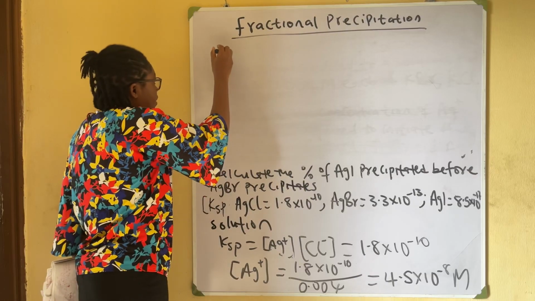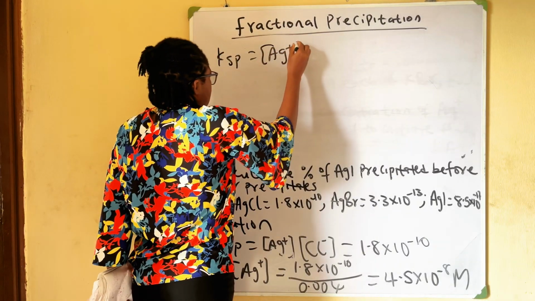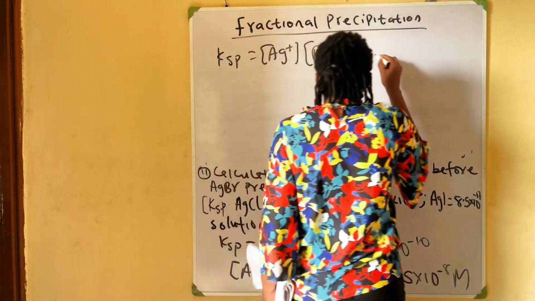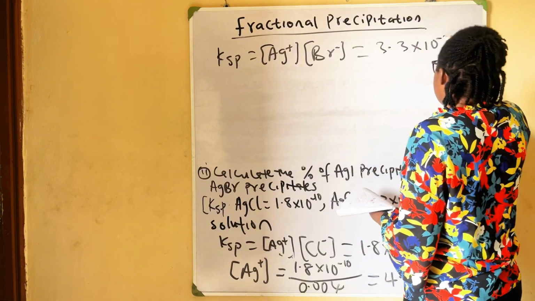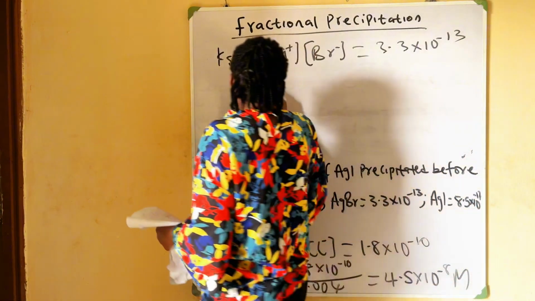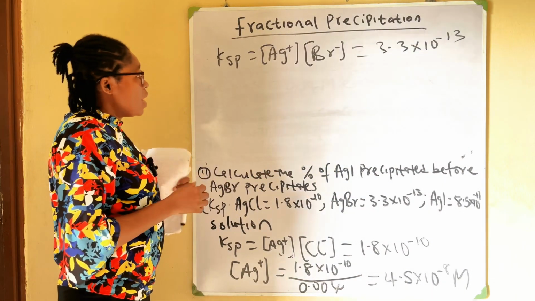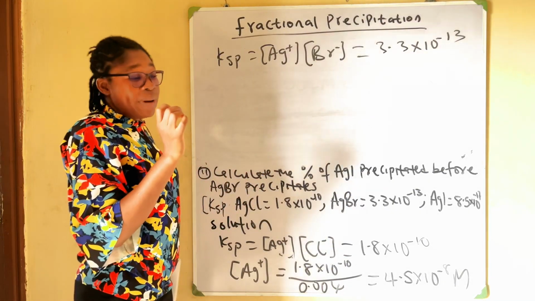For silver bromide, Ksp is equal to silver ion times bromide ion, and the Ksp value is 3.3 times 10 raised to the power minus 13. We are looking for the concentration of silver ion that will be required to precipitate silver bromide.